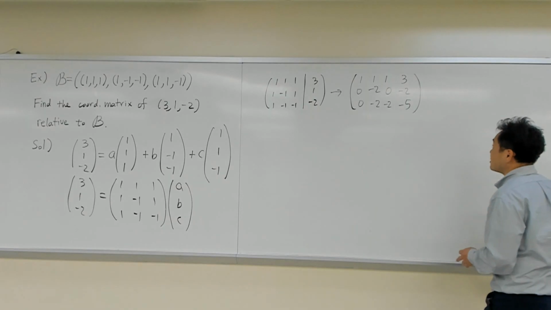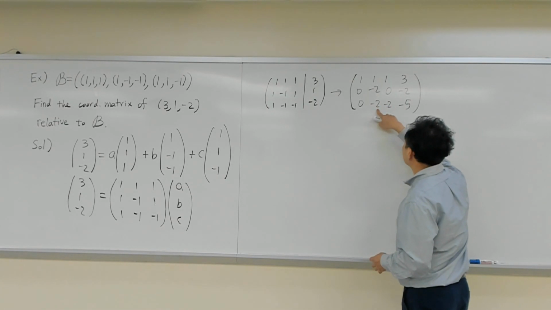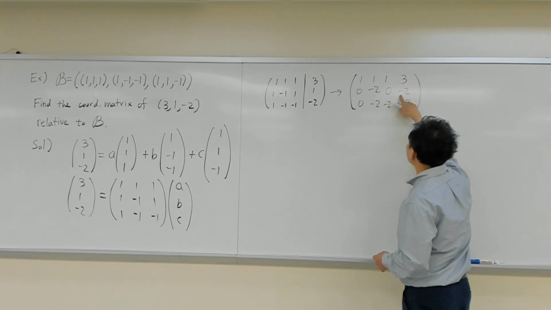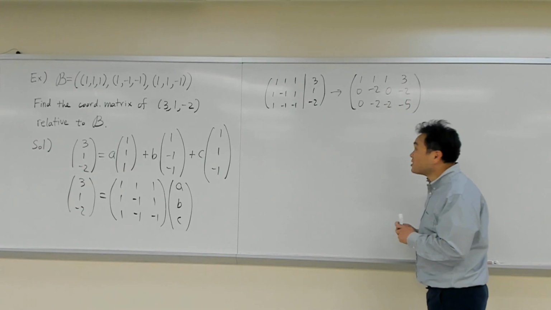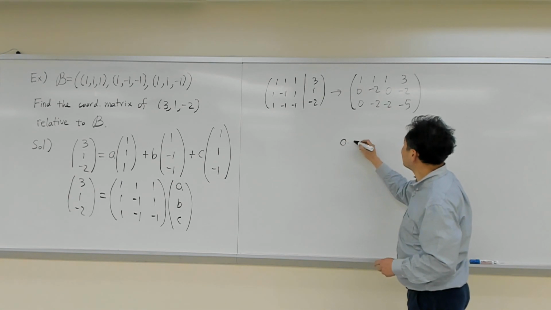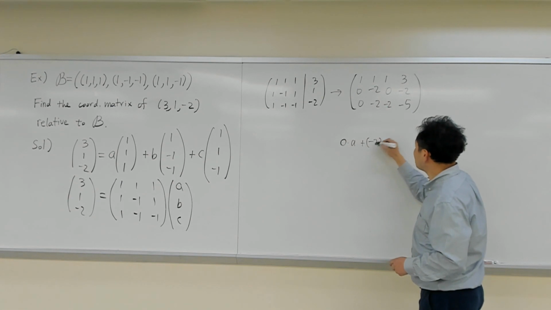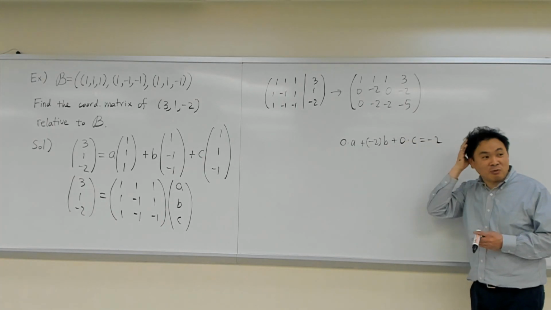That's the idea. Here I can just divide both sides by -2. In my mind, when I see this, I really have 0 times A plus -2 times B plus 0 times C equals negative. That's what happens in my mind.